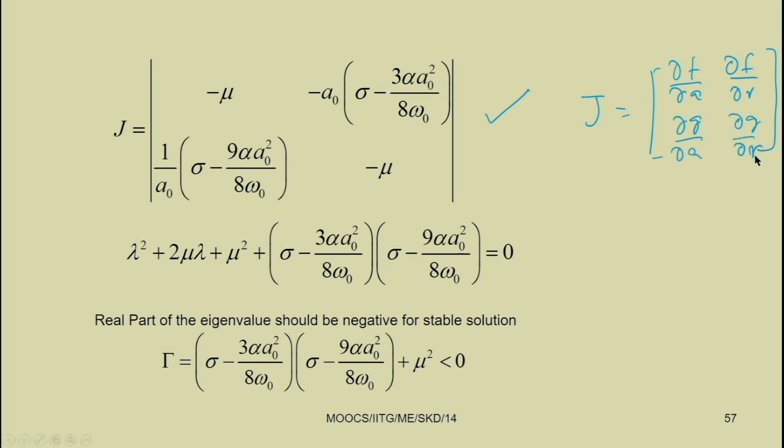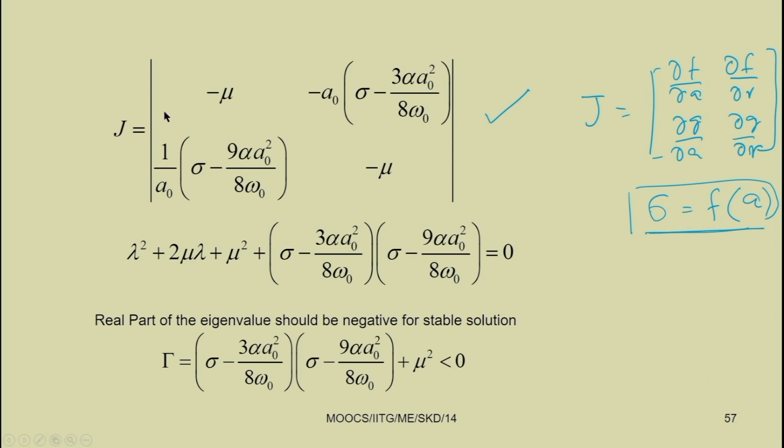By doing that and substituting the solution in place of sigma, you get sigma as a function of the system parameters and A. So, from that you get this one.